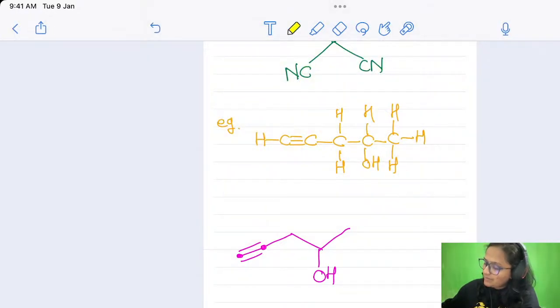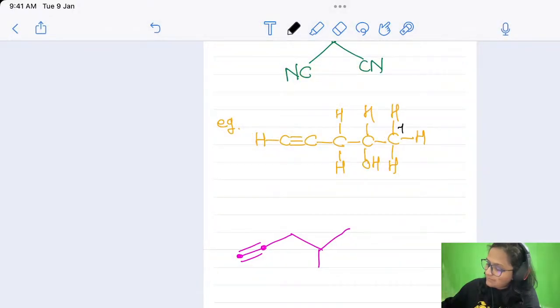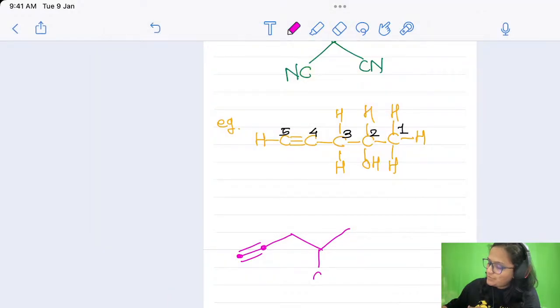So this one will be number 1, and so on, right? So at position number 2, the OH group is attached, right?